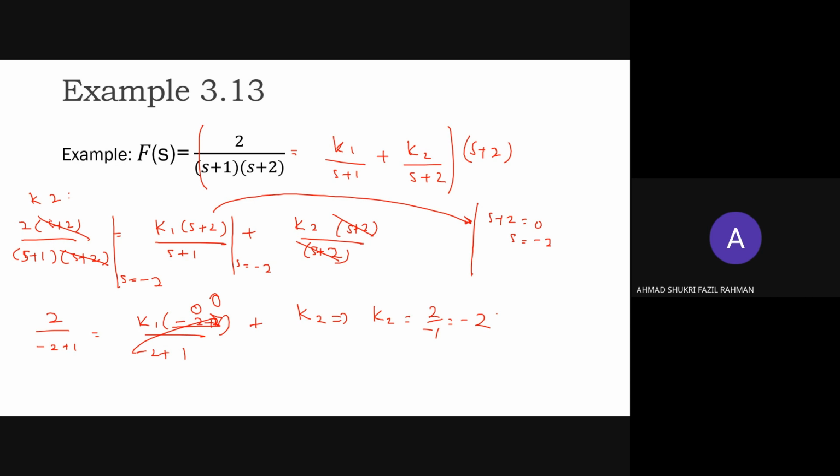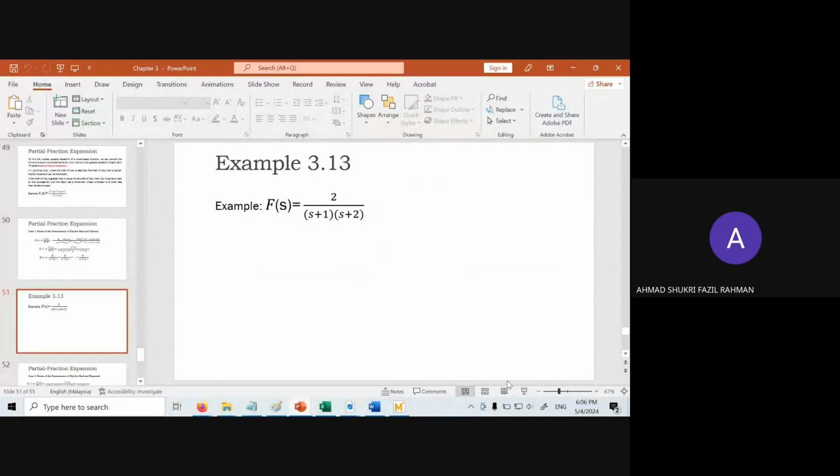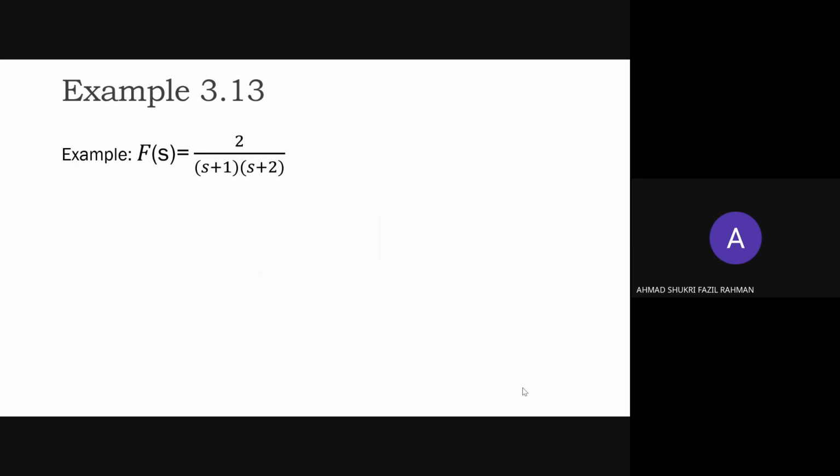So we go back to the equation. We know that this one we already transformed into partial fraction form, K1 over S plus 1 plus K2 over S plus 2.